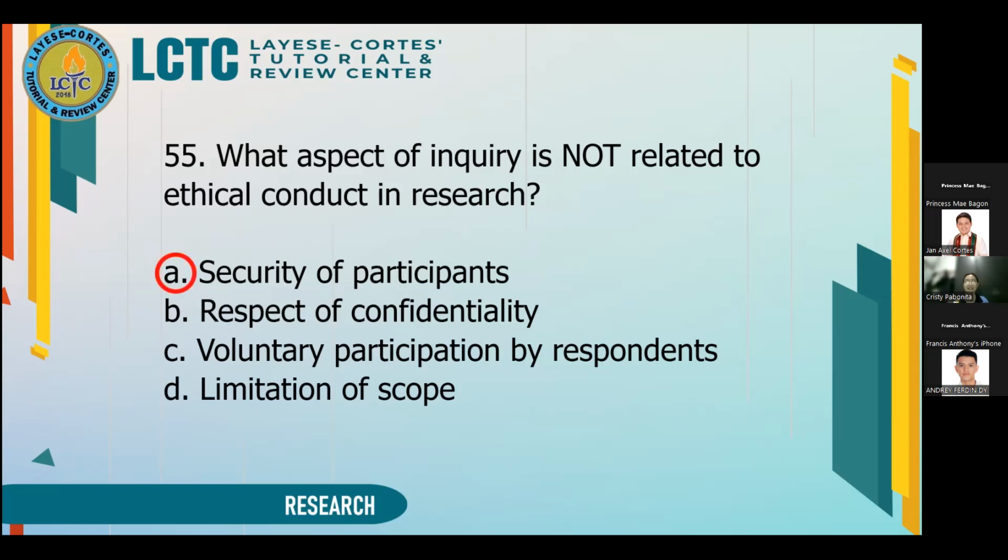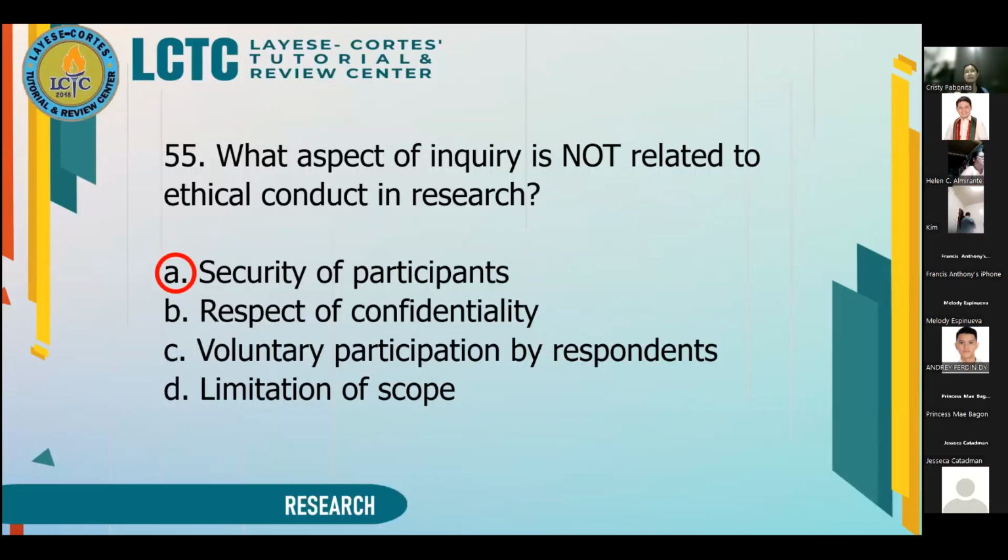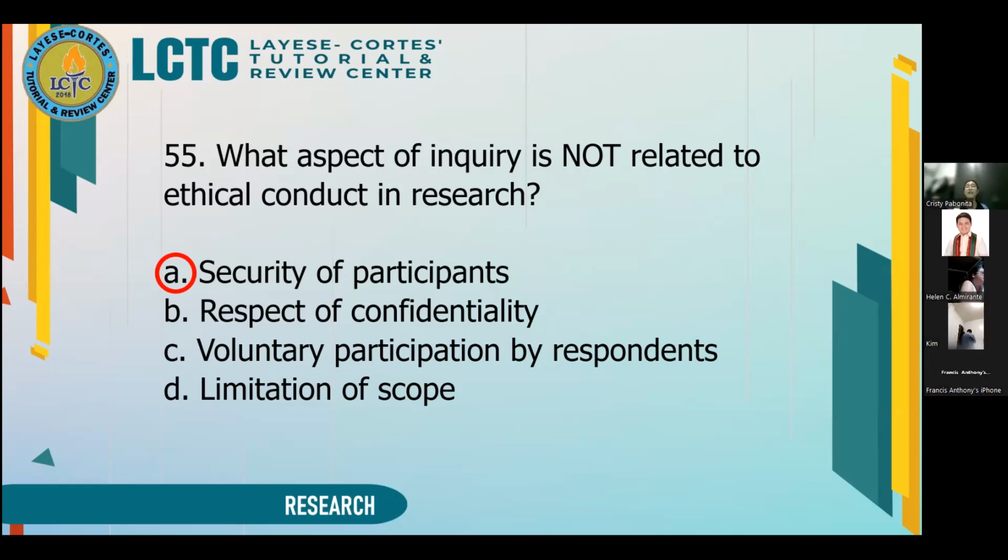The answer is letter A, security of participants. So it's not your obligation already to provide it. Providing security to each one of them is not already your obligation, and it's not related to the ethical conduct in research.